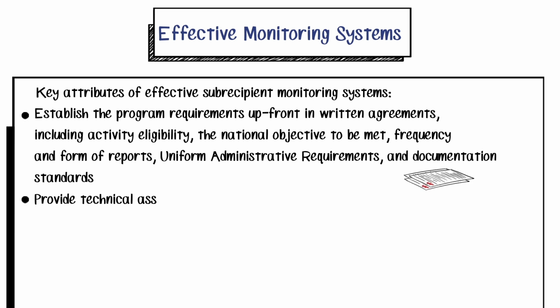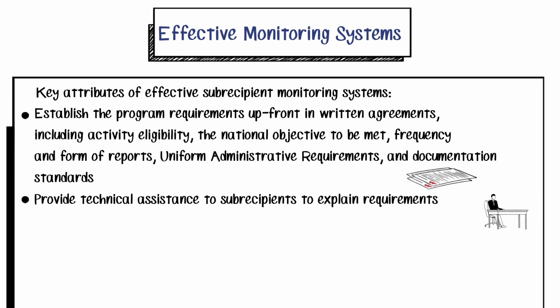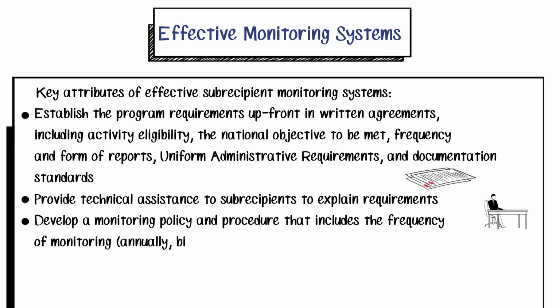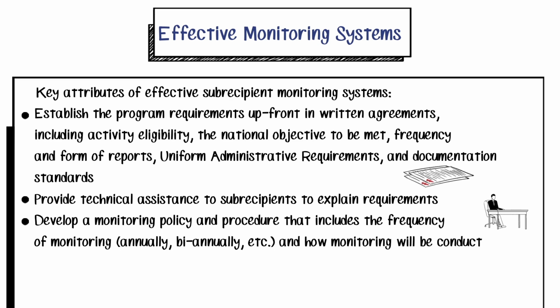Providing technical assistance to subrecipients to explain the CDBG requirements and to share samples of compliant documentation. Developing a monitoring policy and procedure that describes the frequency of monitoring and how monitoring will be conducted.